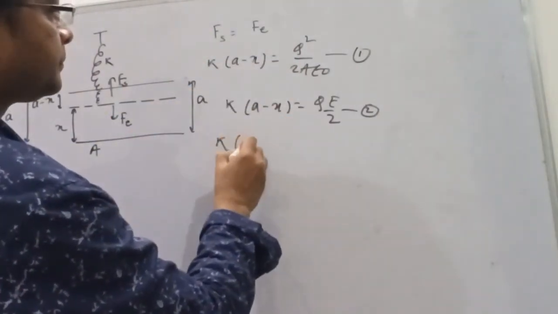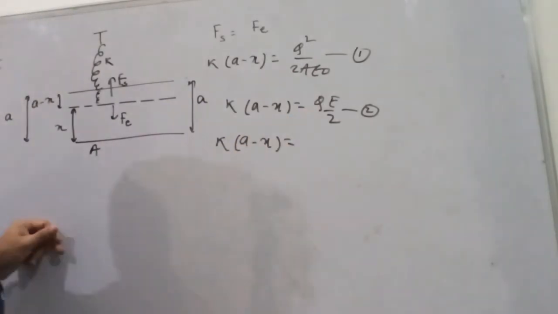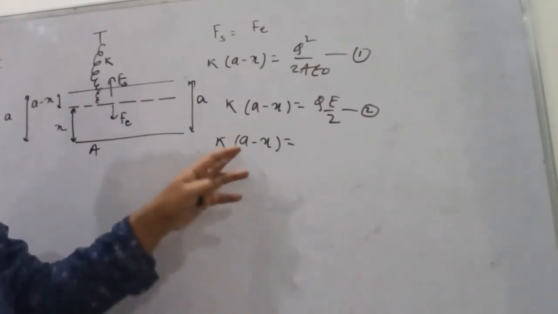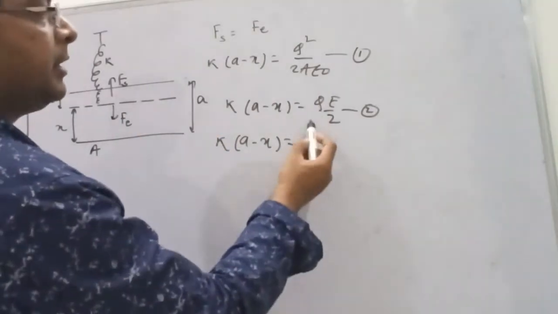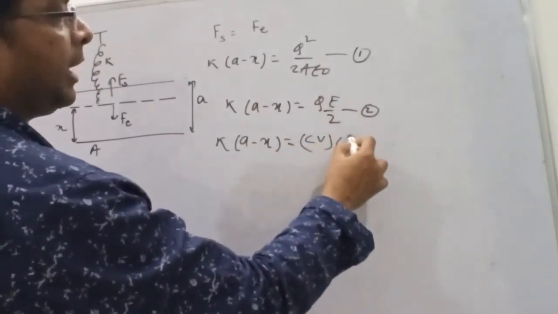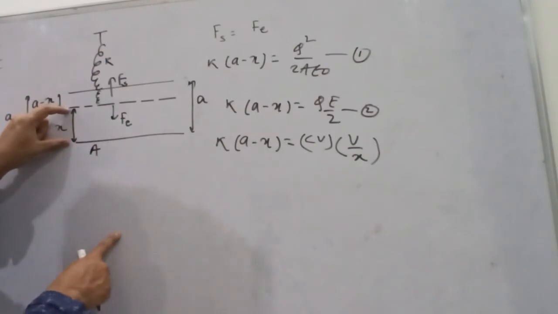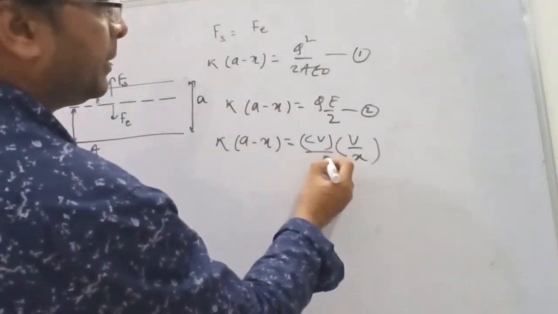Now I am going to try to find out the relation between potential and x. In place of Q, I can write C into V. In place of E, I can write V upon x. Now, because the final distance between the two is x only, 2 will remain as it is.